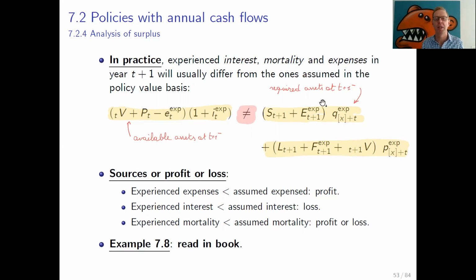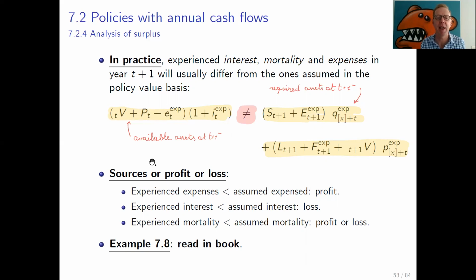So this is what is required. In general, the left-hand side, what will be available, will not be equal anymore to what is required. And this causes a profit or loss to occur in the year t to t+1.